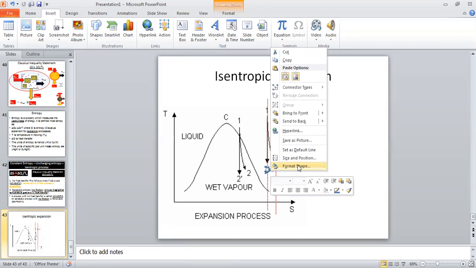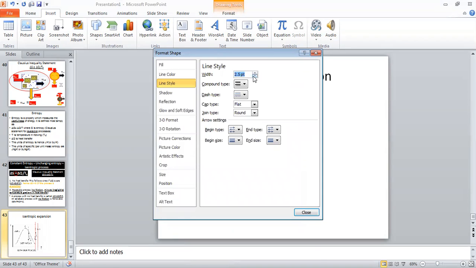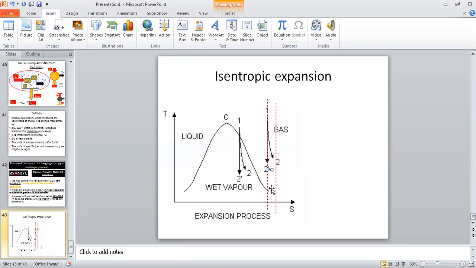So let me format this. Okay, entropy shifts after the expansion. Yes, very nice. Okay, entropy shifts.